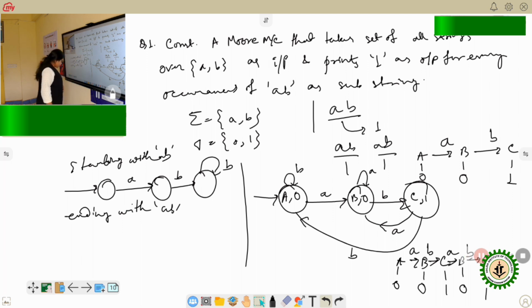Now, for drawing this deterministic finite automata, first of all we will try it this way, starting with AB.